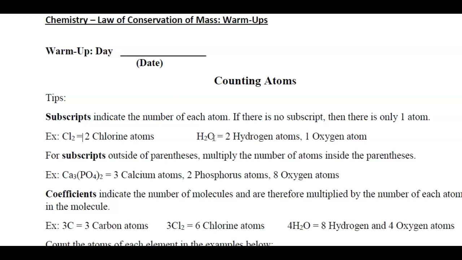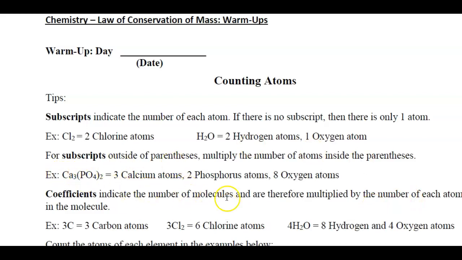We don't write the number 1. So H2O literally means we have 2 hydrogen and 1 oxygen. This 1 comes from the fact that, even if we didn't write it here, we know that 1 is there. Okay? Once again, that's a bit tricky. So the subscript only applies to the element it's directly behind.